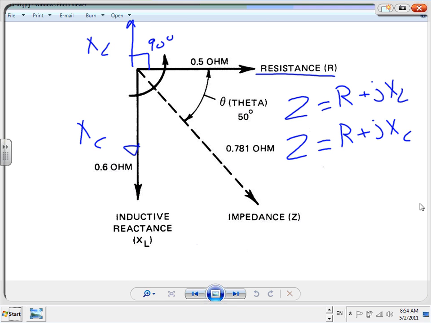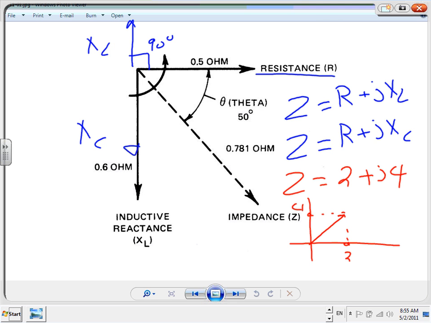Let me just give you a quick example here. If R was 2 plus XL was J4, so this is basically 2 plus J4, and J indicates it's a right angle. Look how easy it is to find. So here's the 2, guys, 2 is right here, right? And J is up 4. So remember how you did with Lyman?